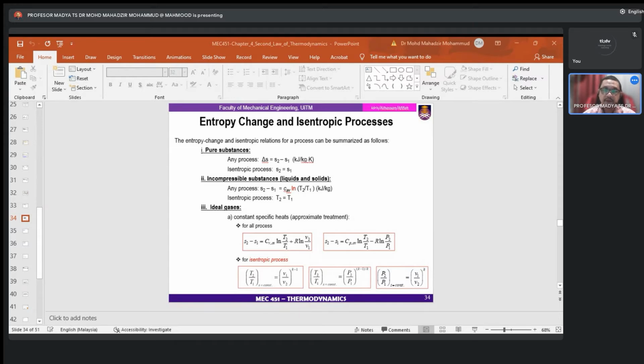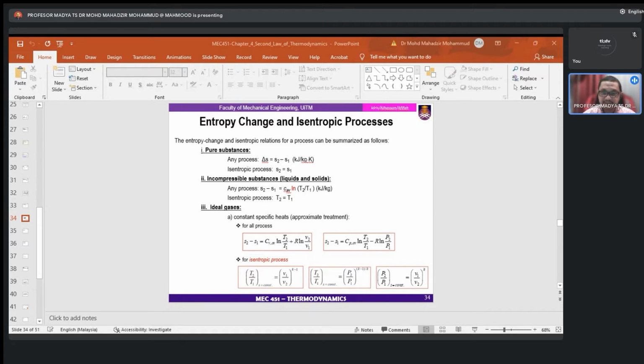So when you want to find these entropy values or entropy change, you can use the properties tables given relative to an arbitrary reference state.